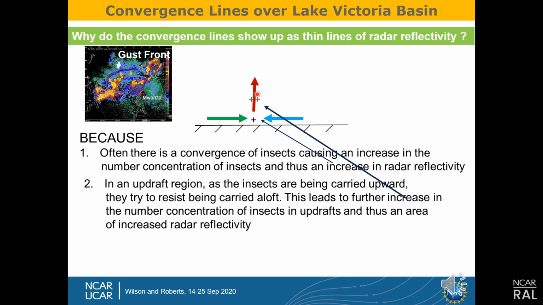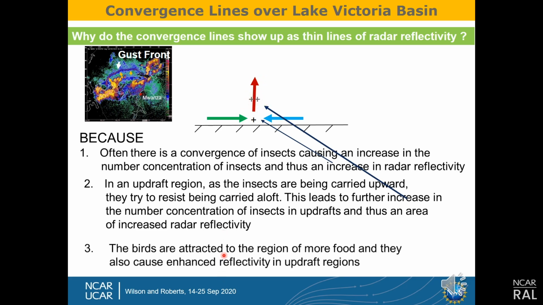So we get an even further increase. And then there's the third reason: this increased number of insects attracts more birds, more food. So all this leads to an increase in updraft regions. In updraft regions, there'll be higher reflectivities, and that's why we see the thin line out in the clear air.